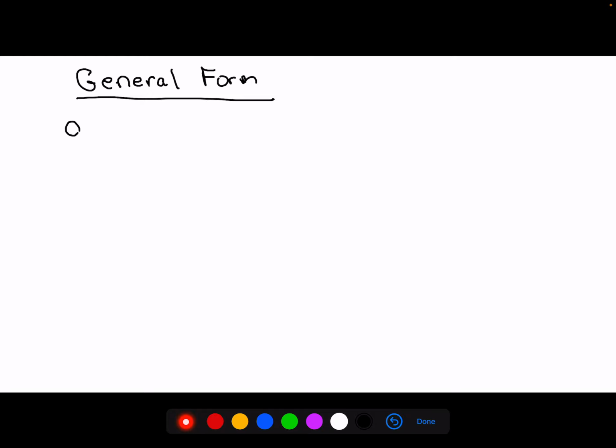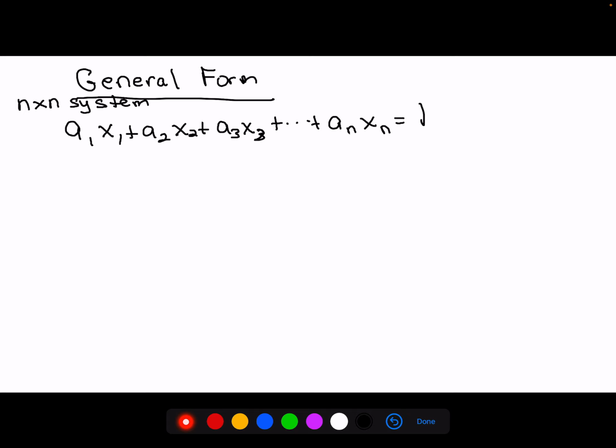You can have some kind of n by n system, and the equations are of the form a sub 1 x sub 1 plus a sub 2 x sub 2 plus a sub 3 x sub 3, to some a sub n x sub n equals b.